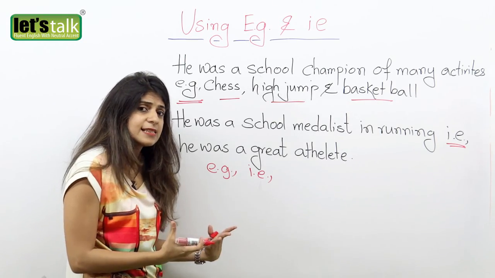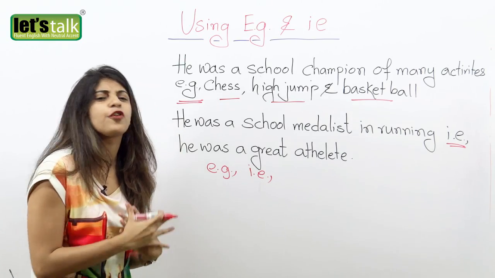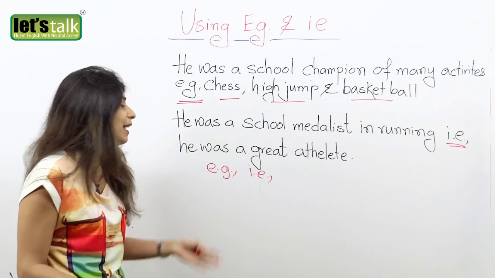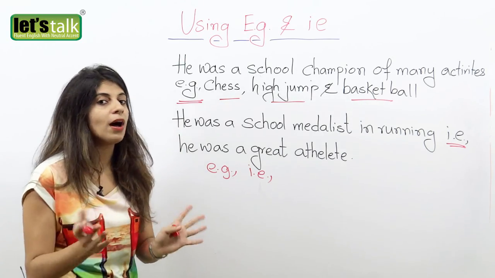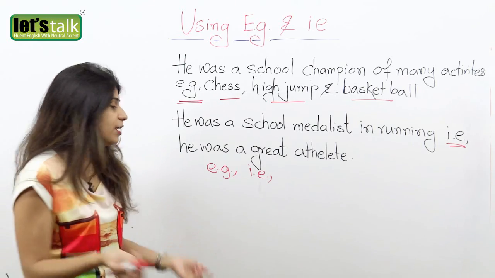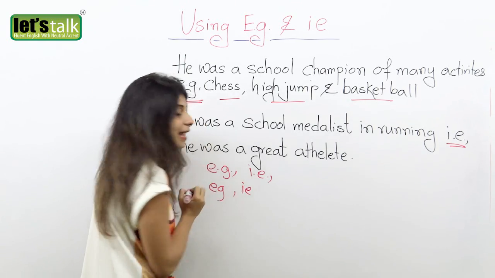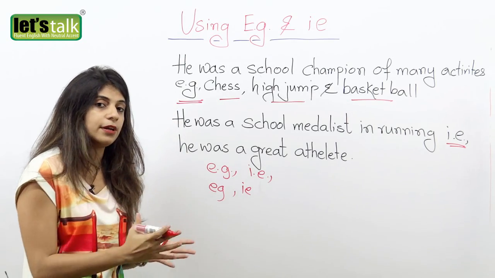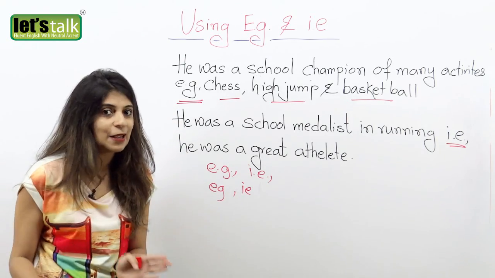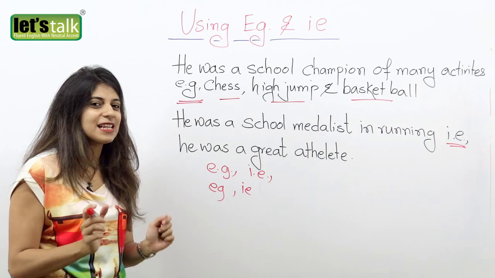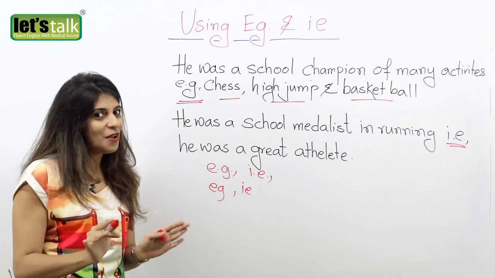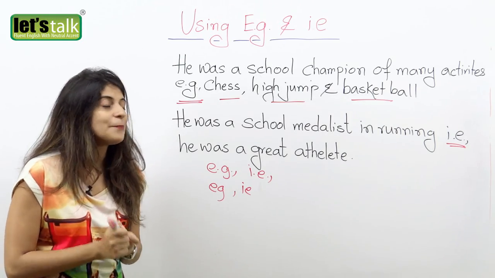But since these terms have been used in English for several years now, these periods and commas can be omitted. So even if you just end up writing eg or ie without a period or a comma, it is correct. Don't worry, nobody is going to say, hey, you're wrong. So don't worry about it, you can omit that.